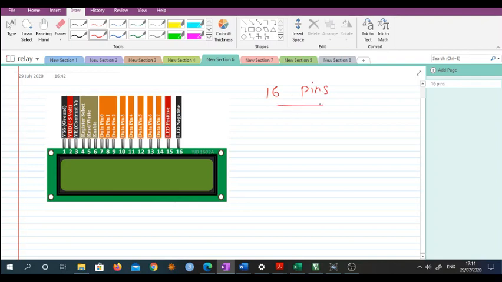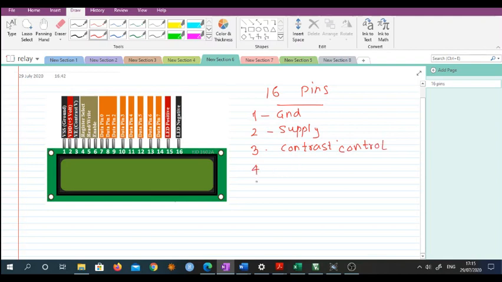Out of which the first pin is a ground pin, and the second pin is a supply pin, VDD. The third pin is contrast control, or you may call it brightness control. You can control the brightness of this LCD display.